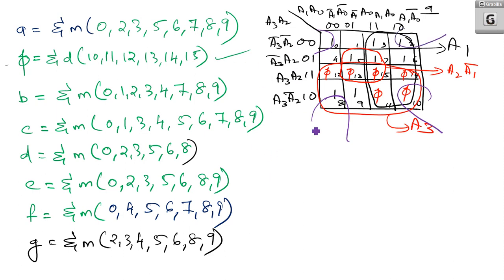A2 bar is common, and A0 bar. Therefore, we can write the expression for A as A1 or A3 or A2 A1 bar or A2 bar A0 bar.